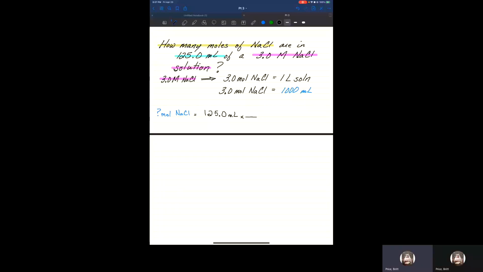So the first thing that I'm going to do is 1 liter is 1,000 milliliters. Now I can use my molarity, and I have 3.0 mole NaCl per liter.